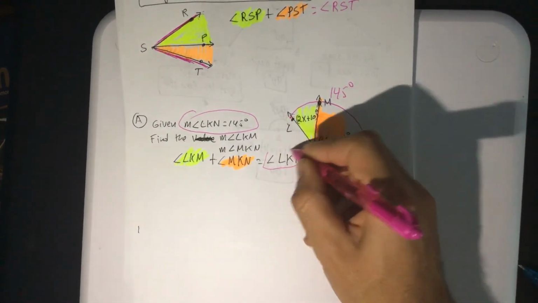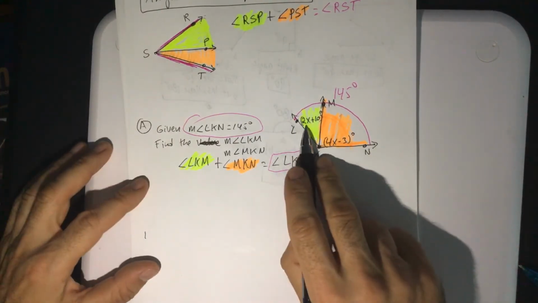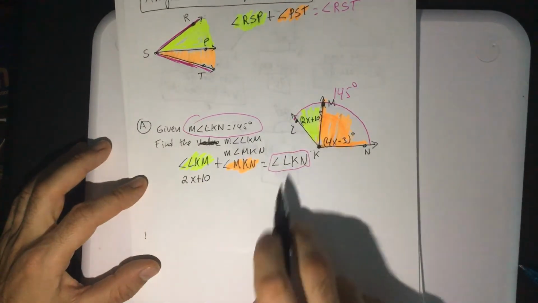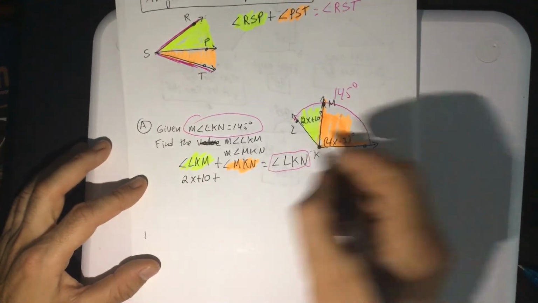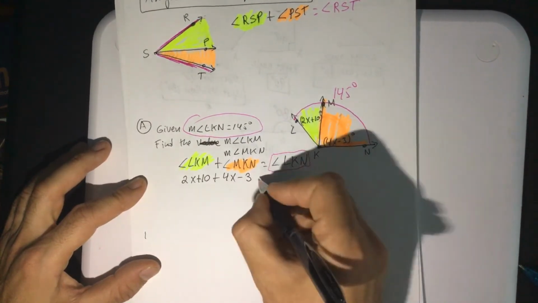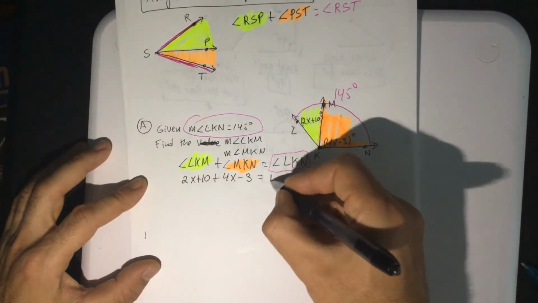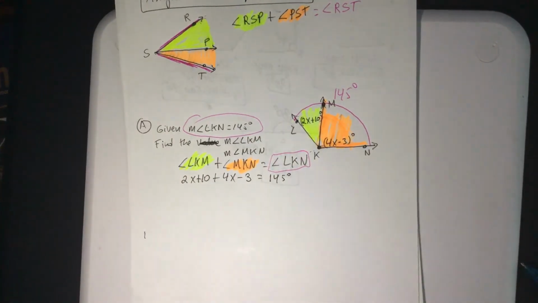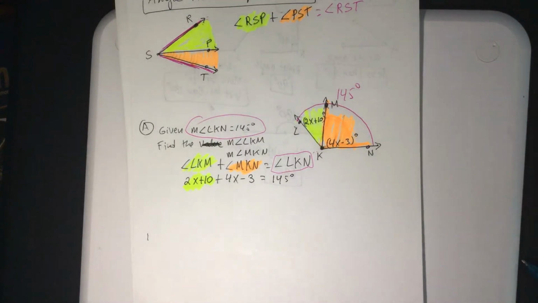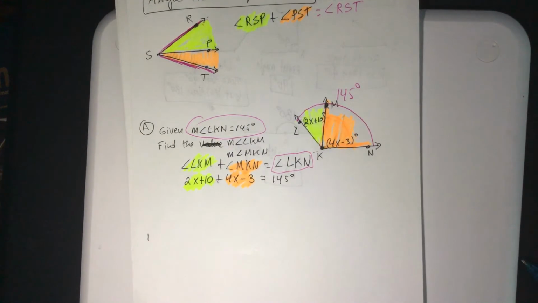Now we do the substitutions. The yellow angle is 2x plus 10, and the orange angle is 4x minus 3, and that's going to be equal to 145 degrees. Like I said, the yellow angle plus the orange angle add up to 145 degrees.